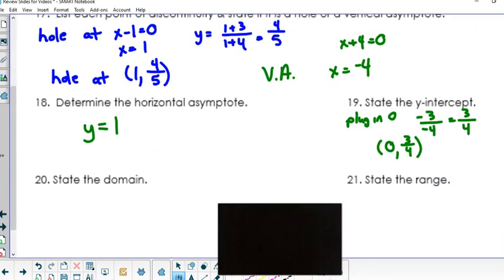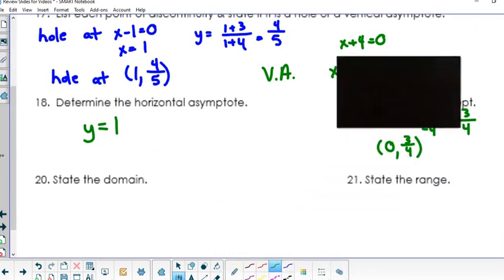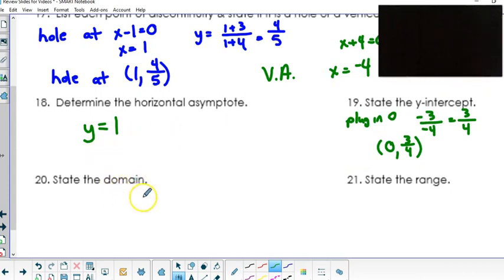Now, let's look at the domain. The domain is impacted by holes and vertical asymptotes. So wherever we have a hole or wherever we have a vertical asymptote, there's going to be an issue with our domain, and we're going to have to jump over something and have a couple parts that are unioned together.